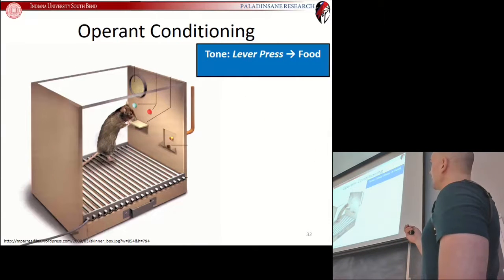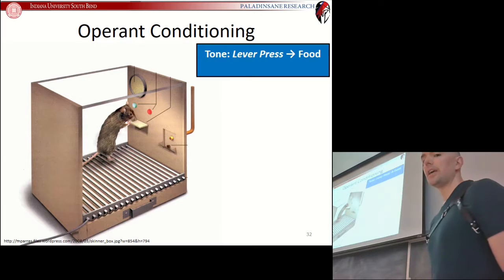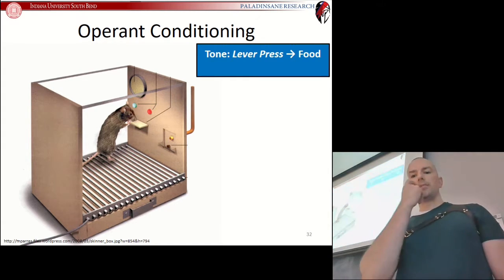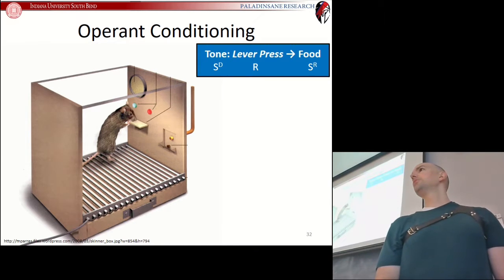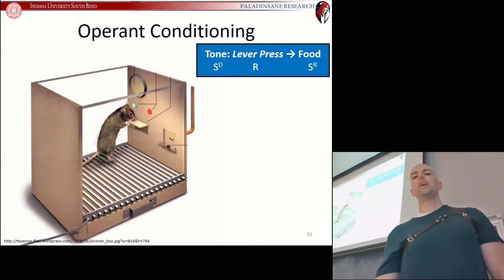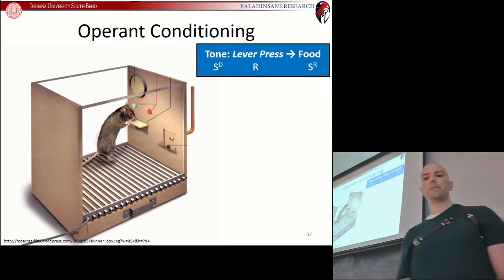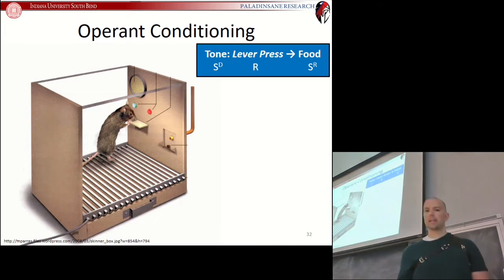So if we play a tone, and during that tone, if a lever press occurs, that would lead to food. That tone is an operant antecedent that signals to the organism that a lever press under this condition is going to lead to the consequence of food, which is a reinforcer.